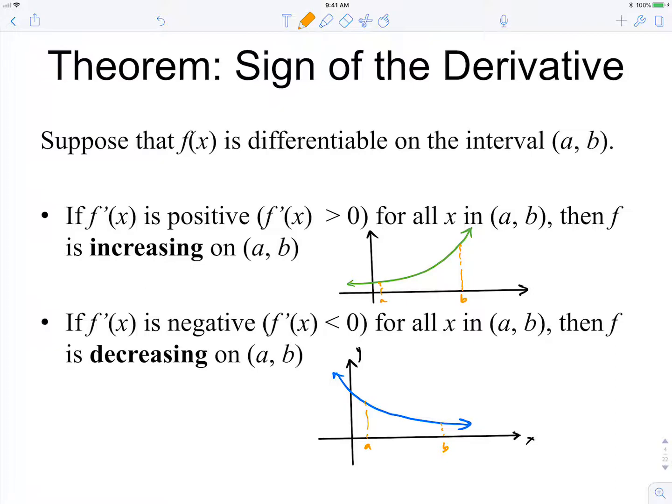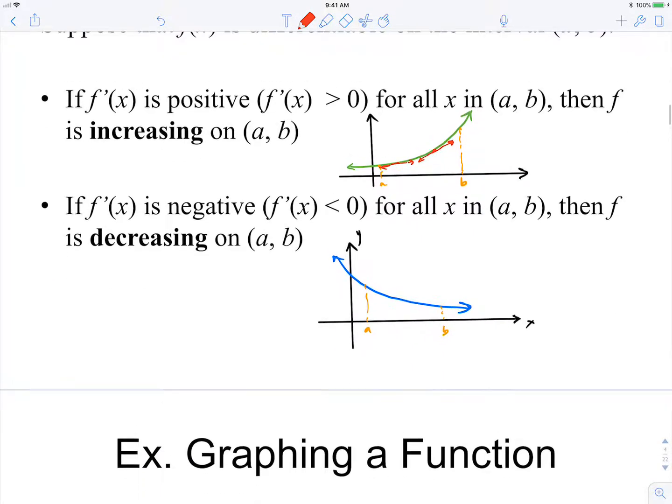So if we want to picture that, we obviously can't draw every single tangent line to every single point on this curve from a to b, but we could see that any tangent line we attempt to sketch would have a positive slope. Okay, so positive sloping tangent lines corresponds to the function increasing on that open interval.